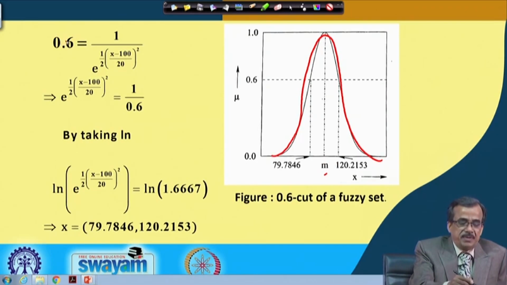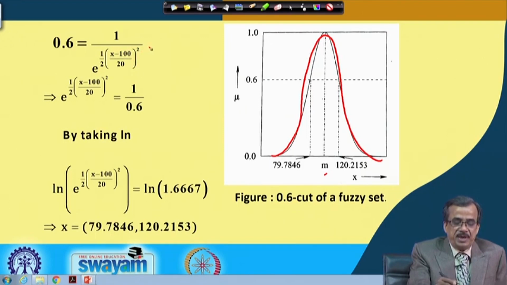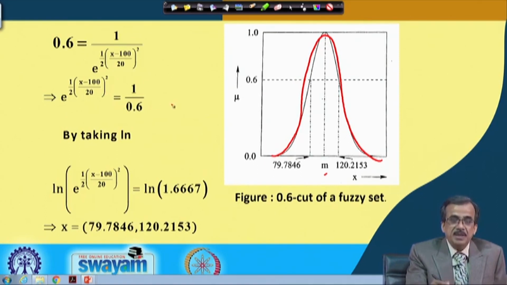If you substitute the values, mu equals 0.6 equals 1 divided by e raised to the power half (x minus 100 divided by 20) squared, and if you simplify, e raised to the power half (x minus 100 divided by 20) squared equals 1 divided by 0.6.